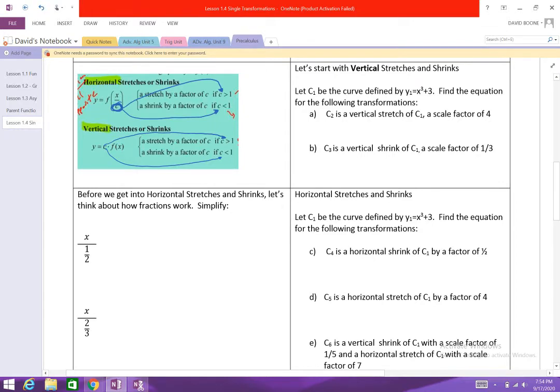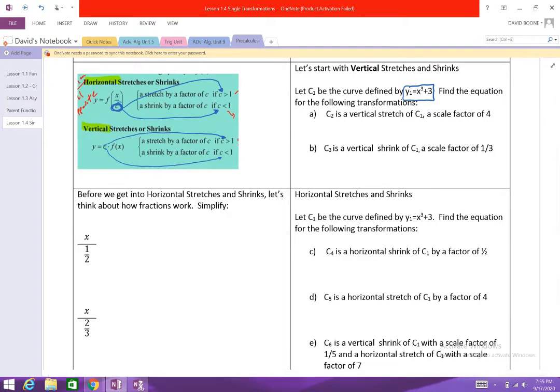Okay, so here we go. We're going to start with this equation right here, and I want to create a new equation. This is C1. We're going to create a new equation called C2, that's a vertical stretch of this original one by a scale factor of 4. So I want to make it 4 times bigger vertically, from top to bottom.